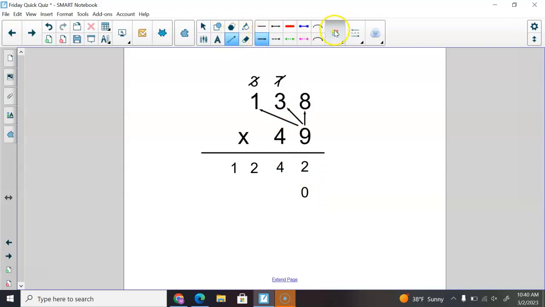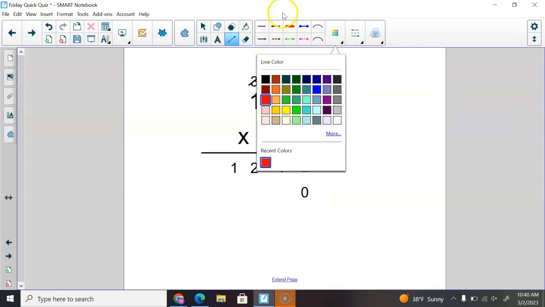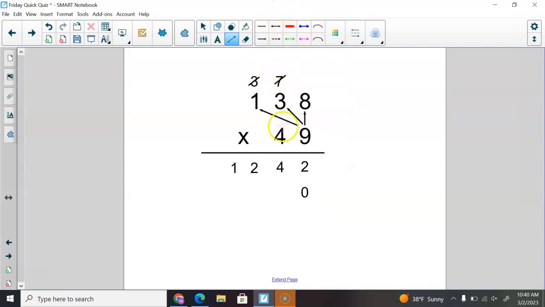So now I think we know we're going to repeat the steps from before. We're going to use this 4, and we're going to do 4 times 8, and then 4 times 3, and then 4 times 1. So I'm going to do the 4 times 8. 4 times 8 gives me 32. So I'm going to carry the 3 up above the next place, and then I'm going to come down here and leave a 2.